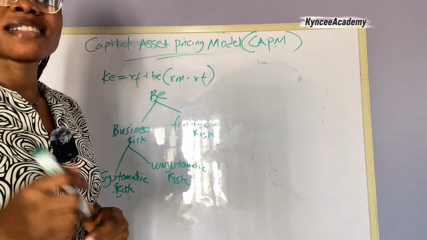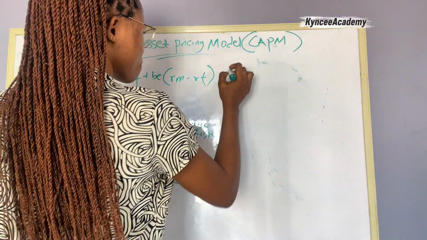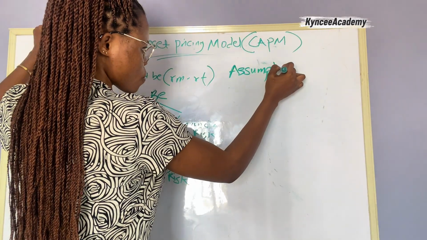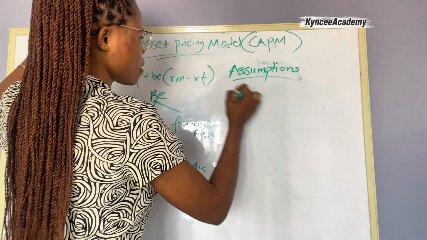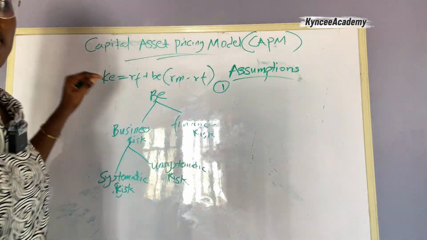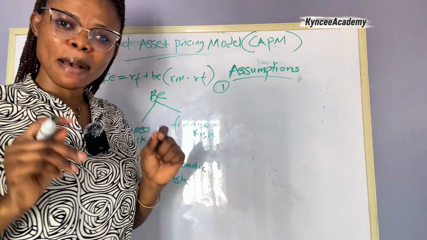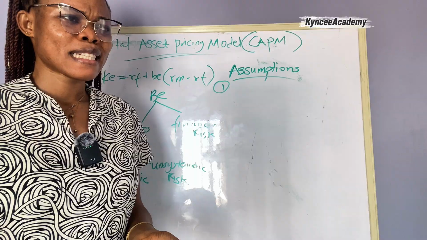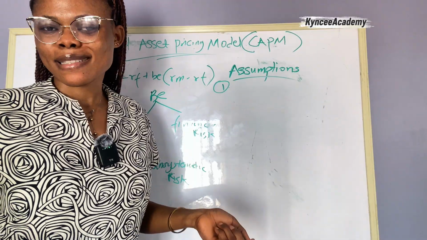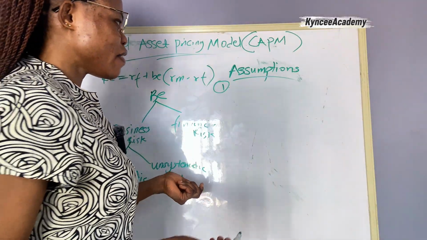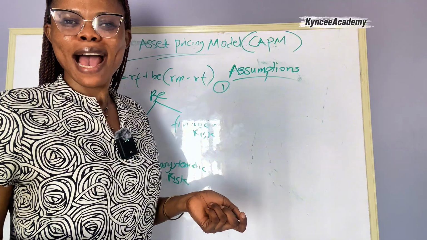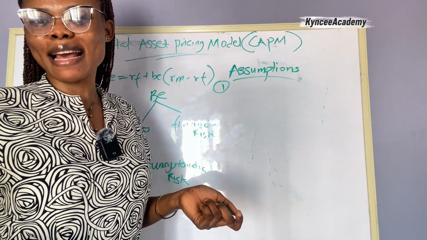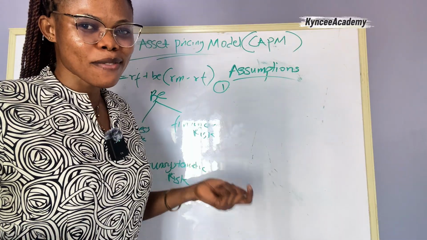So we'll now talk about the assumptions of the capital asset pricing model. One of the assumptions is that the capital asset pricing model believes that investors are risk averse. They believe that investors want higher return with low risk.